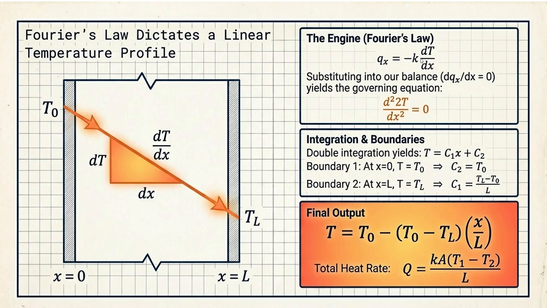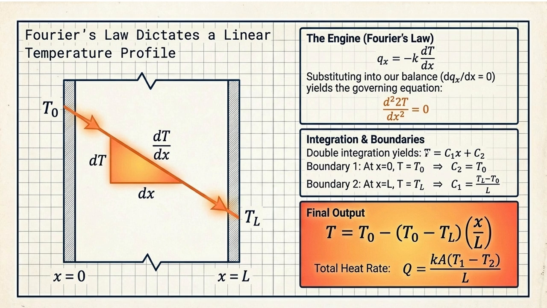So, we have assumed thermal conductivity of the slab to be constant, so it will come out, and there will be double differentiation of the temperature with respect to x. d square T by dx square, that is a typo here, is equal to 0. On integrating it two times, we'll get an equation for temperature.